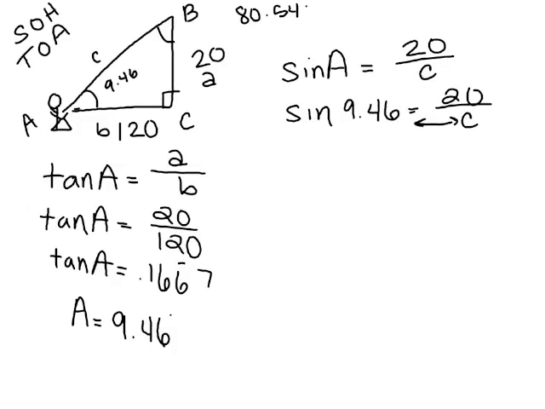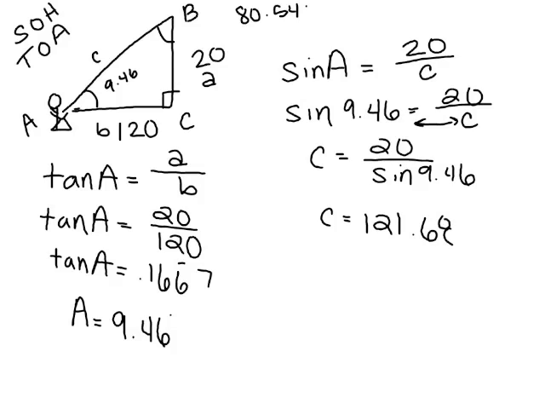Swap those out: my hypotenuse equals 20 over the sine of 9.46. Grab your calculator. 20 divided by sine 9.46 equals 161.68. Is that my longest length? Yeah, barely. 120.